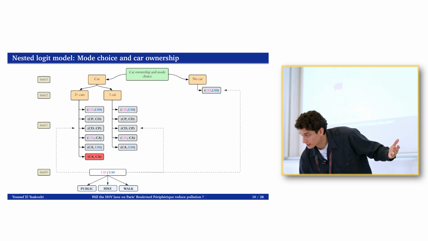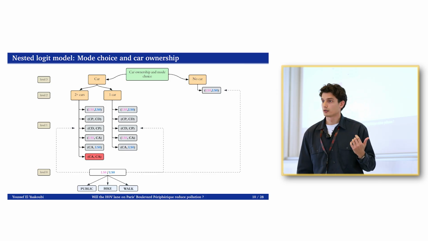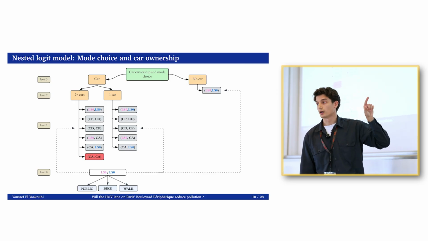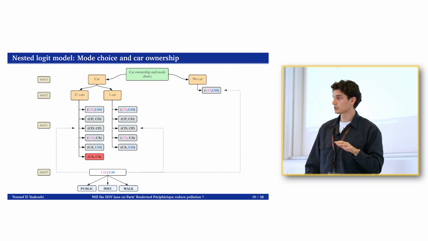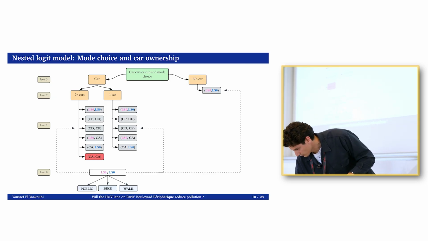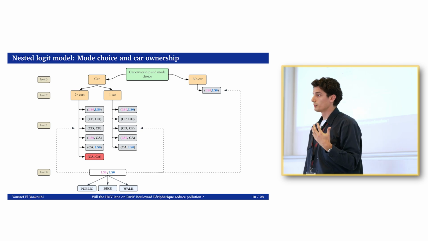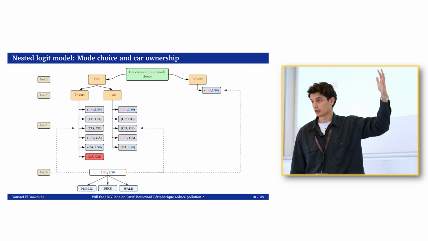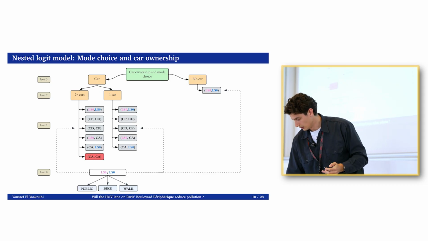Here, the woman is a passenger and the man is a driver, etc. And you see that when the couple has 2 or more cars, they have an extra alternative, which is that both can take the car alone, which is here. Then we estimate the car ownership, so they can choose to buy one car or not, and they can also choose to buy another car or to stay with their first car.